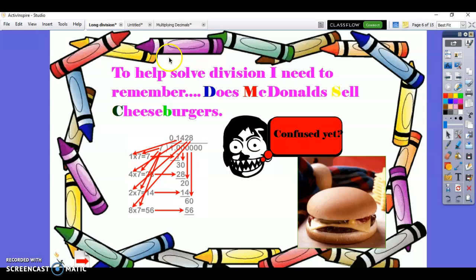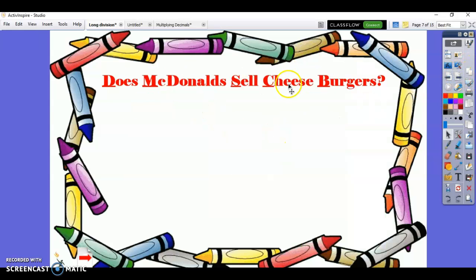Remember our acronym that we are using. You have to use it all the time. Does McDonald's sell cheeseburgers? What does it mean? Don't be confused. Remember to always follow the steps. Does McDonald's sell cheeseburgers? Remember your D, and this is your division. Step 1 is to divide.